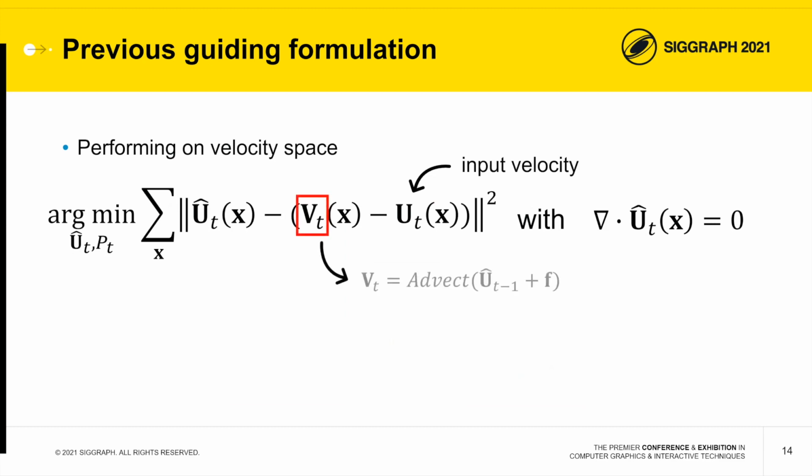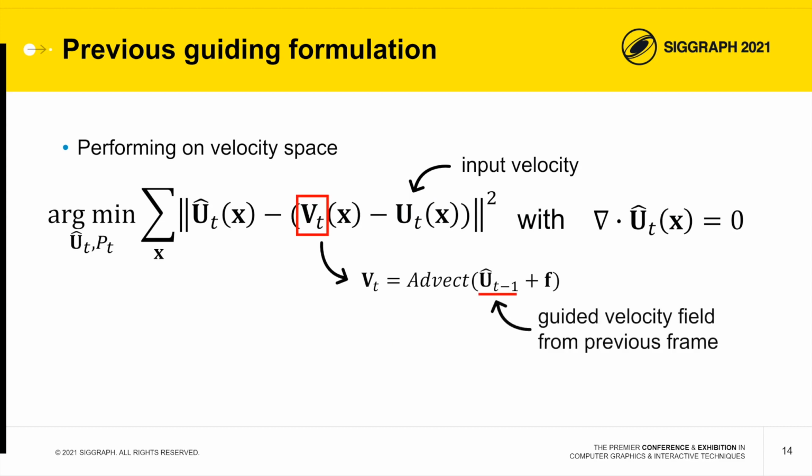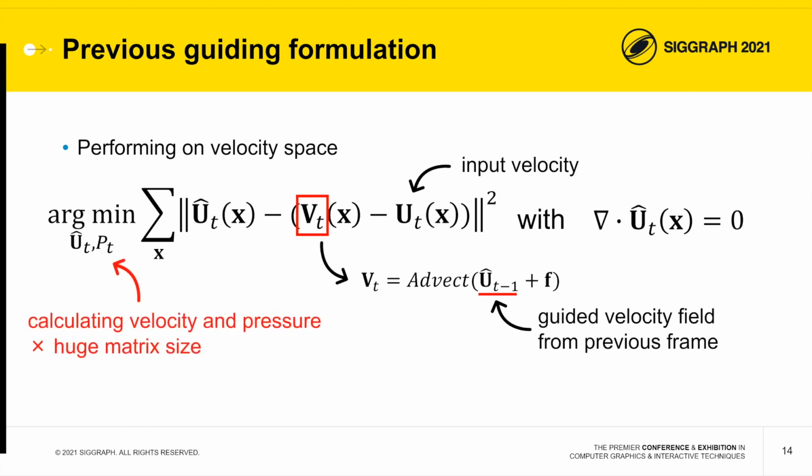And this one is the advected version of the guided high resolution velocity field computed at the previous time step. The previous method computes the velocity and the pressure field for a high resolution grid. Therefore, the resulting matrix size becomes very huge, so the computational cost is expensive. Also, the previous method needs to take into account this condition as a constraint.